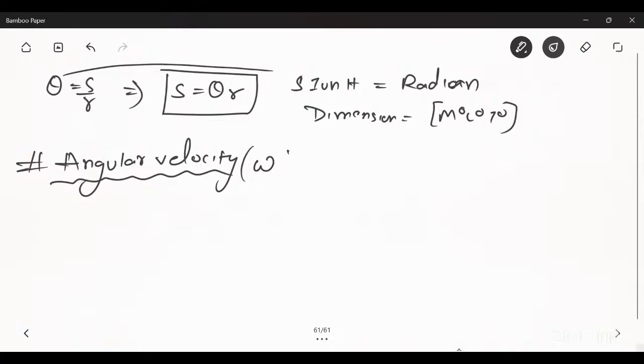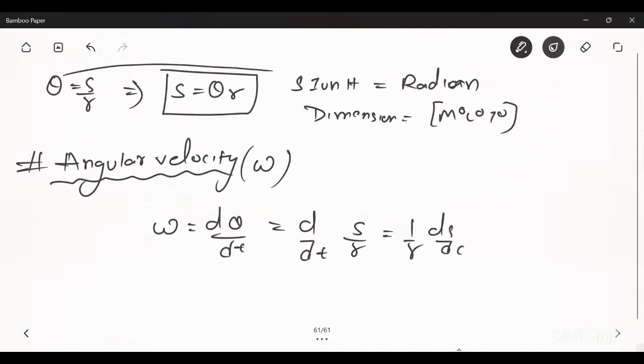Angular velocity is omega, so omega is equal to d theta by dt, which is d by dt of s upon r, so 1 upon r ds by dt. Now ds by dt is equal to v. So omega is equal to v upon r, so v is equal to r omega.